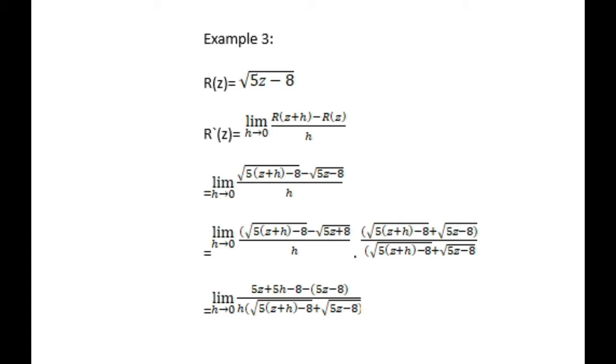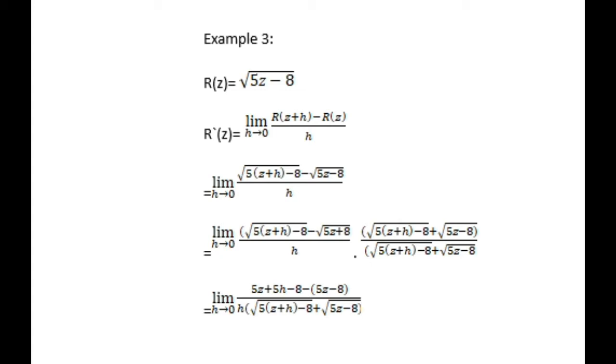It becomes the limit of the quantity of square root of 5 times z plus h minus 8 minus square root of 5z minus 8 all over h times the quantity of square root of 5 times z plus h minus 8 plus square root of 5z minus 8 as h approaches 0.